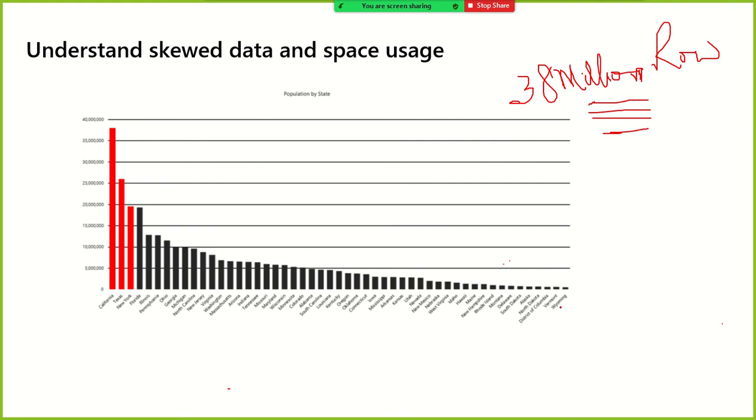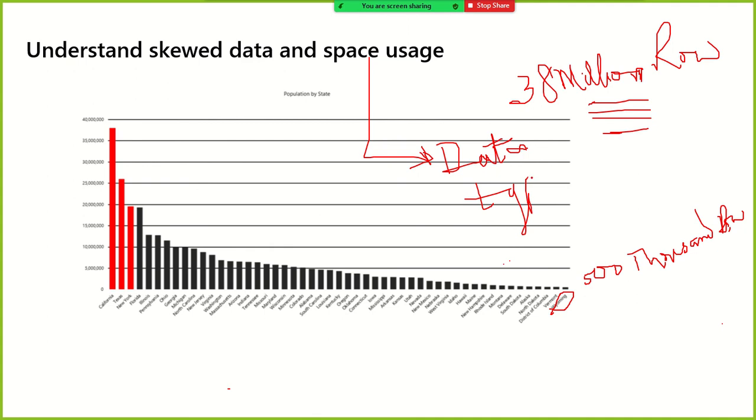Now, you also have people in these particular states with just 500,000 people. When you talk about storage space, what determines the storage space is our what? Our data type. I'm sure you know that. What determines the storage space is the data type.